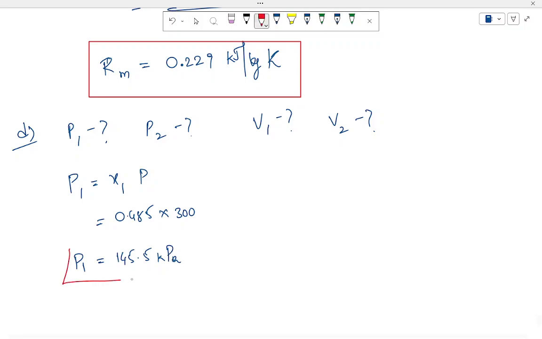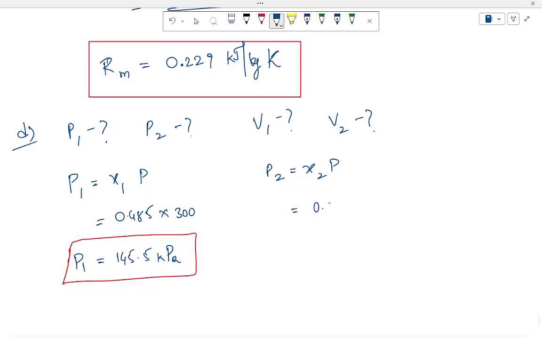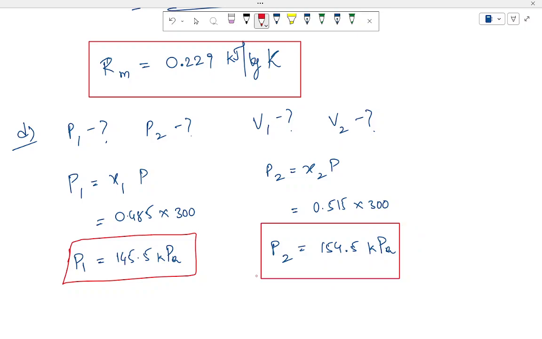That is the P1 value that he is asking you to find out. So P1 is done. Now we will move to the P2. P2 is nothing but X2P. The X2 you know as 0.515 into the P is 300 kilopascals that is given in question. So the P2 value will now be equal to 154.5 kilopascal. So you got P1 and P2 values now.